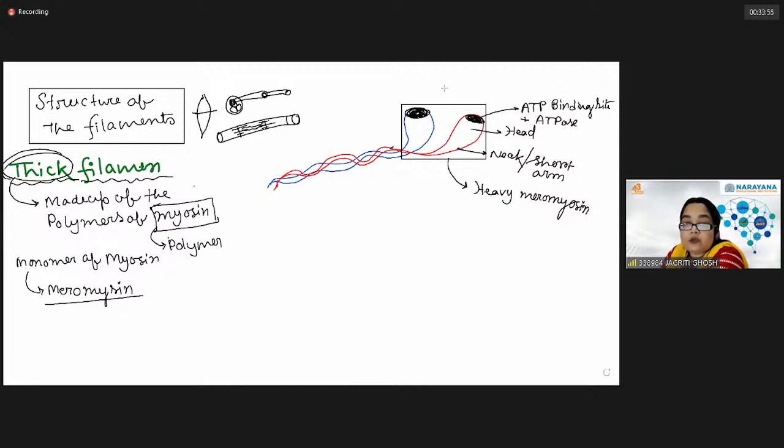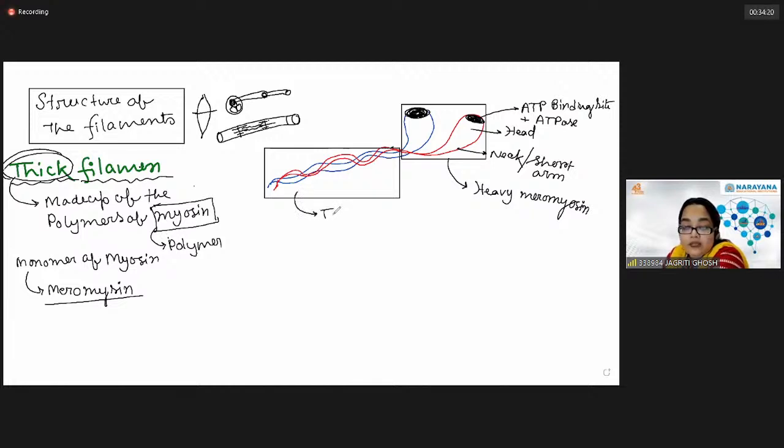Okay, this part is known as the tail part. This part from here to here, I'm making a bigger square, is called the tail part.